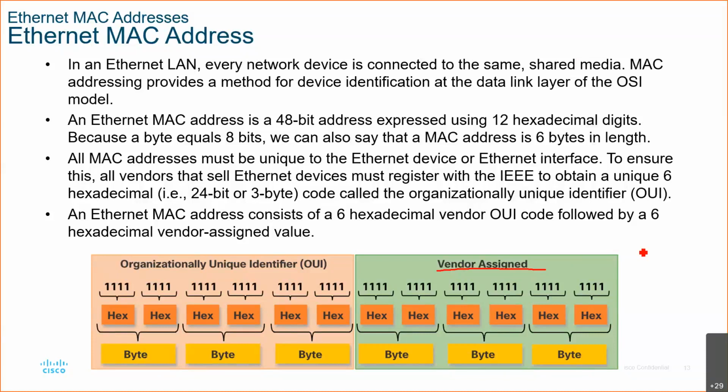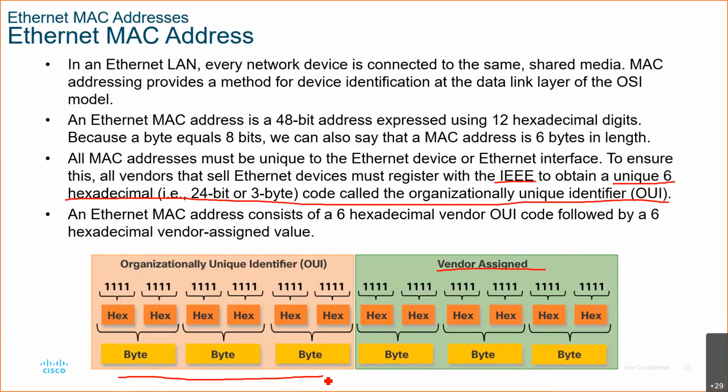But I have to go first to IEEE and register with IEEE and get a unique 6 hexadecimal code called the organizational unique identifier. So I should get 3 bytes from IEEE.